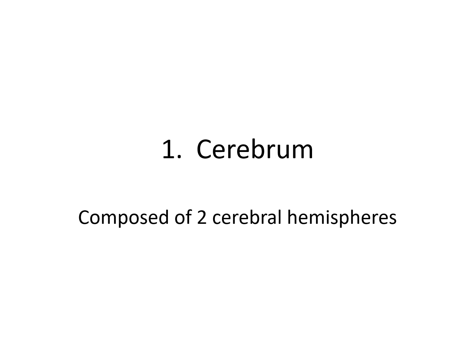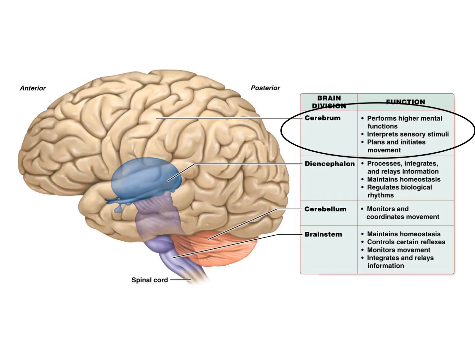The cerebrum. This is the largest part of the brain and is composed of two cerebral hemispheres. As you can see in this figure, we see the left cerebral hemisphere. And notice that there are elevations as well as depressions, which we'll discuss later.